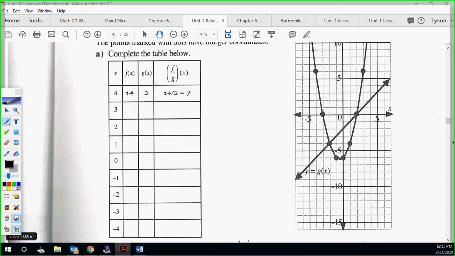So f divided by g of 4 is 7. So let's go find 3. So 3 for my f of x is 6, and then 3 for my other one is 1. So 6 divided by 1 is 6.